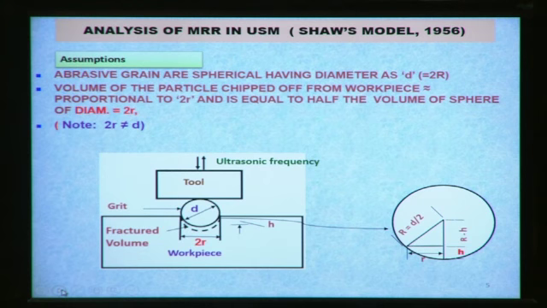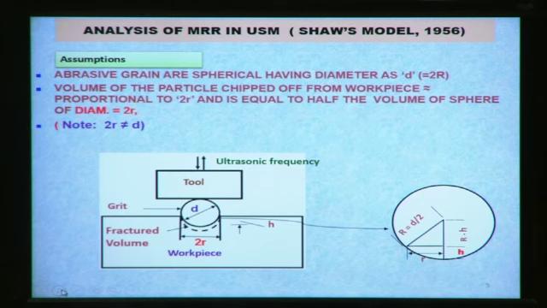The volume of the particle chip removed from the workpiece surface is proportional to 2R. I shall discuss one by one from this figure. The volume of material removed from the workpiece is equal to half the volume of a sphere of diameter equal to 2R.